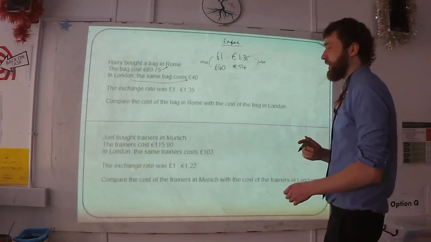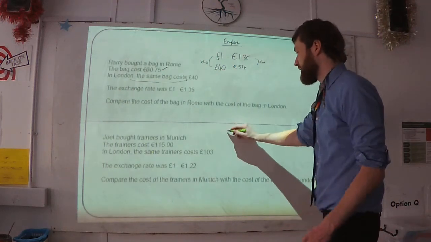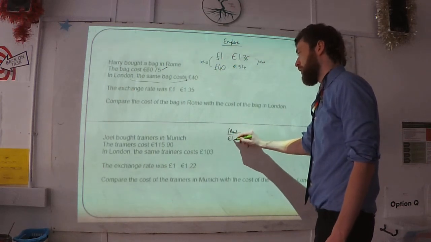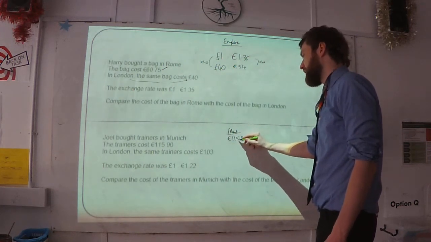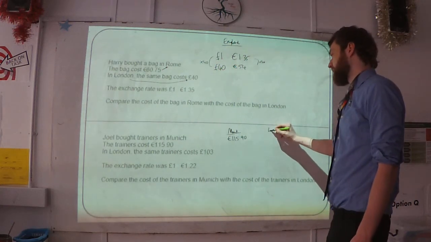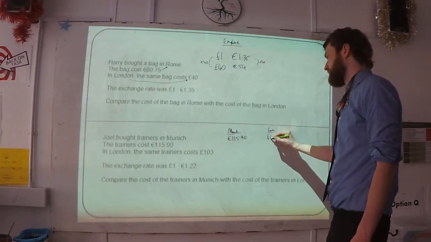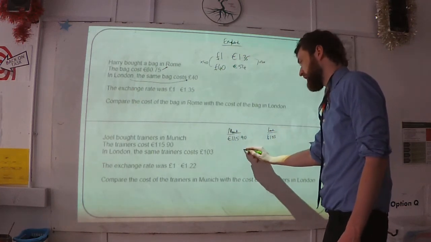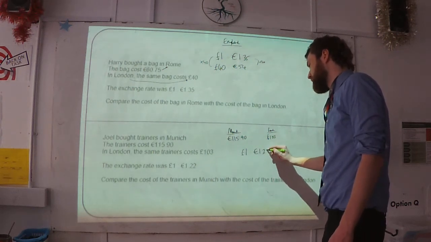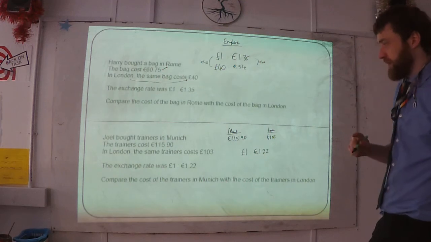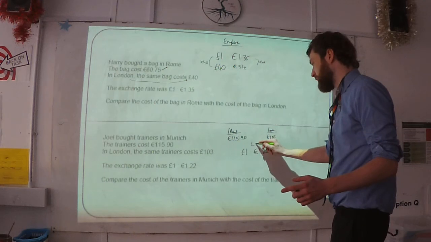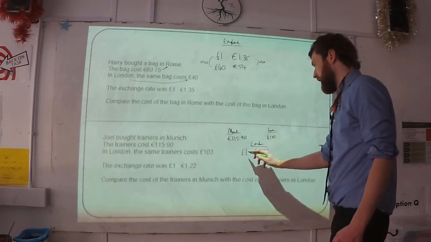This one here, Joel bought trainers in Munich. So I'm going to put Munich, and it's €115.90, because Munich's in Germany. The London trainers cost £103. The exchange rate they've given us is £1 for every €1.22. Now, as always, guys, I like to keep it as easy as I can, so I stick with the London price. I'm going to label that London here, £1.